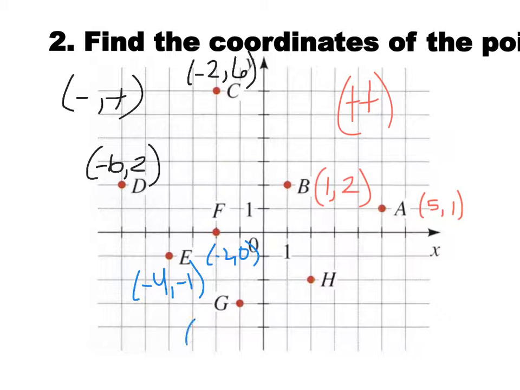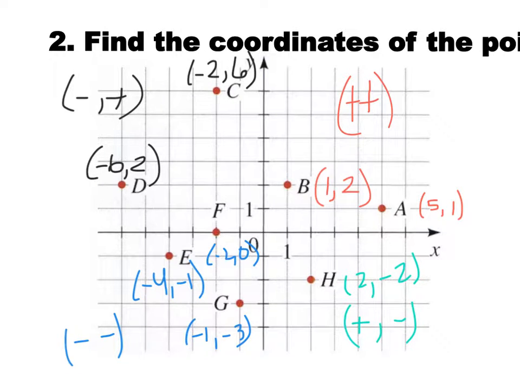Negative 1, negative 3. Good. This quadrant is the third quadrant. Notice, what are the signs of both x and y when we're in the third quadrant? Negative, negative. And then what's my H? Positive 2, then negative 2. Good. This is the second quadrant, and this is positive, negative.